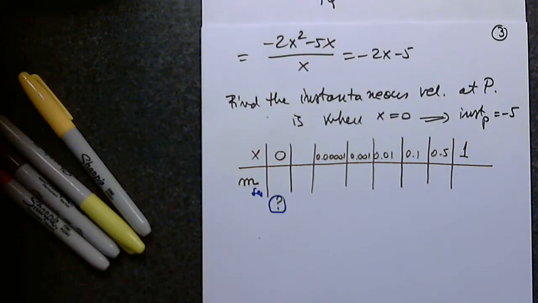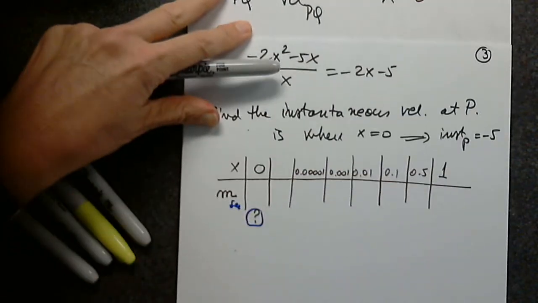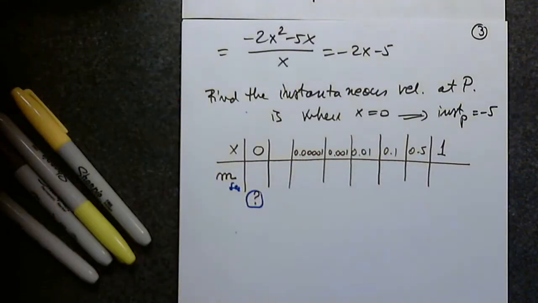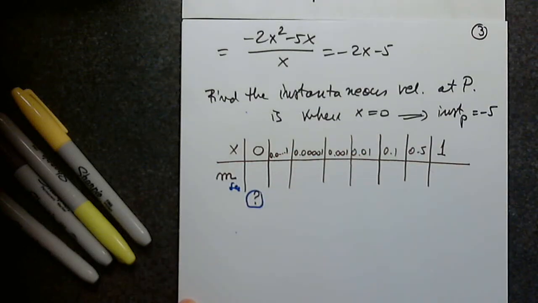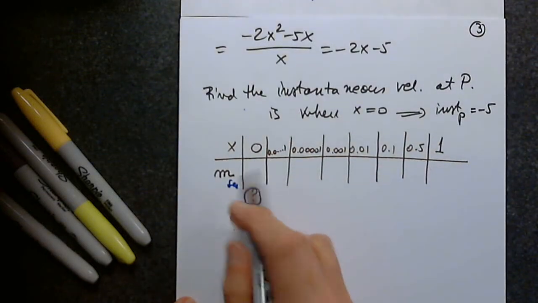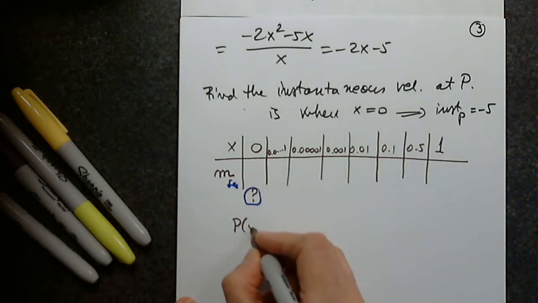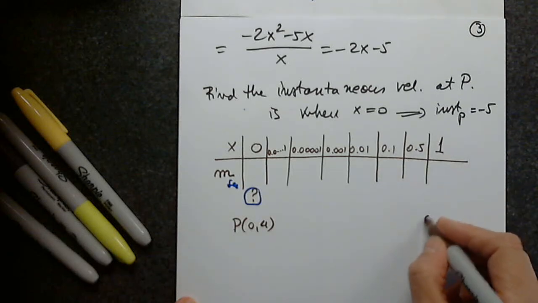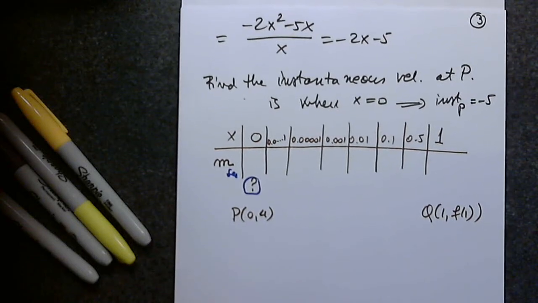Disregard the answer that we got from the beginning, because of very simple algebraic manipulation by simply simplifying that, and the fact that we chose such a simple number, coordinates of P. Okay, and I can go even closer. Between 1 and 0, so this point is 0, 4, and this point will be, let's say, my Q1, f of 1. I will determine a slope, correct?